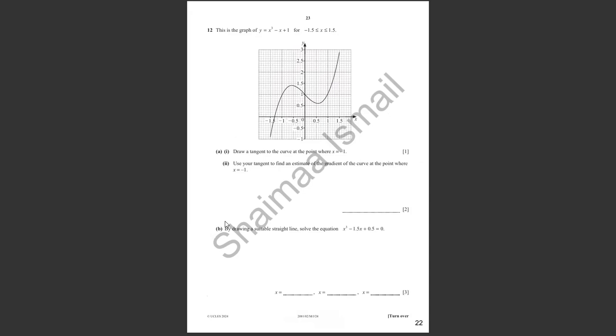Okay, this is a graph, y equals x cubed minus x plus 1. So he needed us to draw a tangent. Here we needed a tangent to x equal negative 1. So let's do this. Where is x equal negative 1? We're going to draw a simple tangent here.